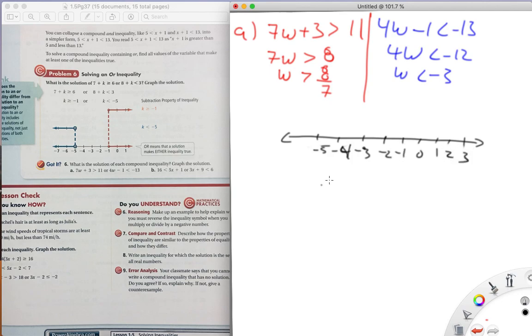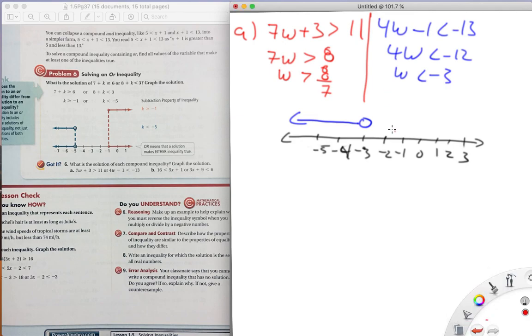I don't know why I keep putting too many negatives. Much better. I have an open circle at -3, and W is less than, so it's going this way.